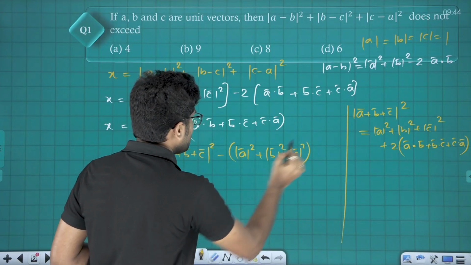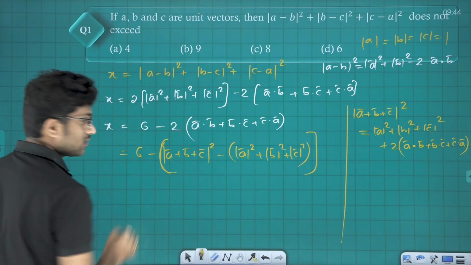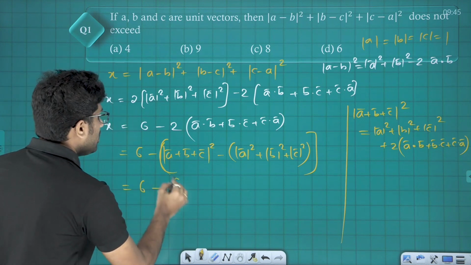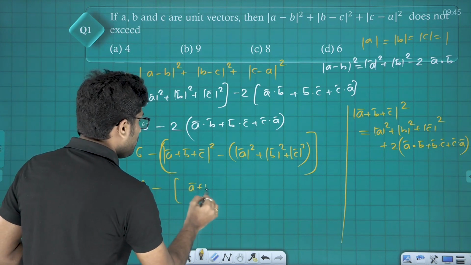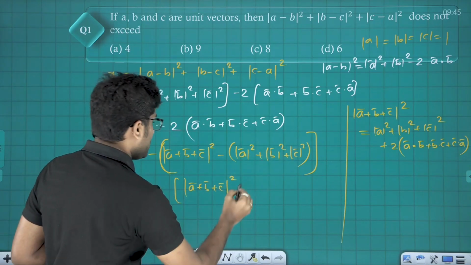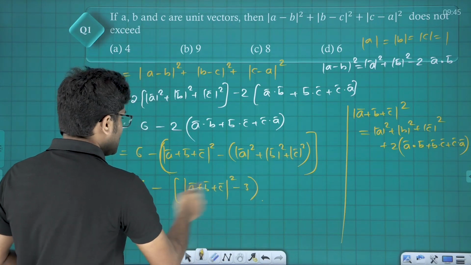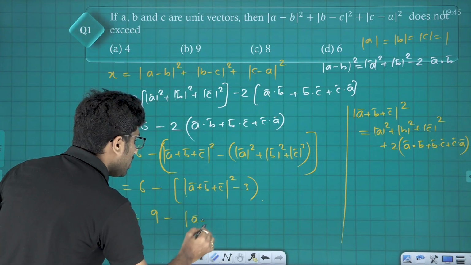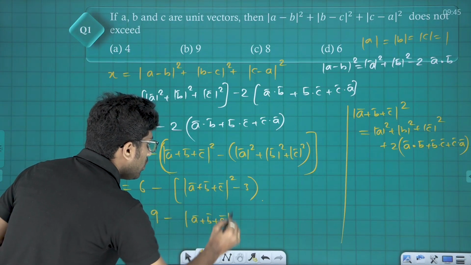I mean all these three in brackets. So that becomes 6 minus of mod of a plus b plus c whole square minus 1 plus 1 plus 1, which is minus 3. So 6 minus of minus 3 will be 9 minus mod of a bar plus b bar plus c bar whole square.